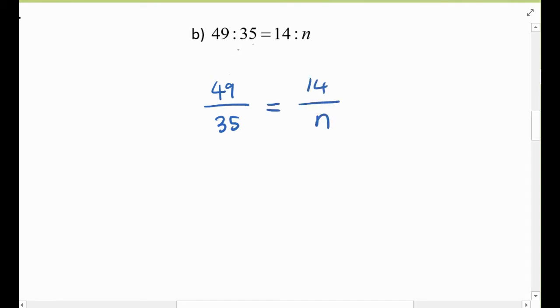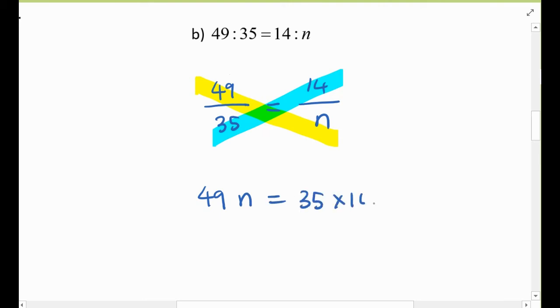All right, have you guys tried it? So 49 to 35. 49 over 35 equals 14 over n. So change the ratio to a fraction like this. And let's do cross multiplication. So we know 49 times n is 35 times 14.